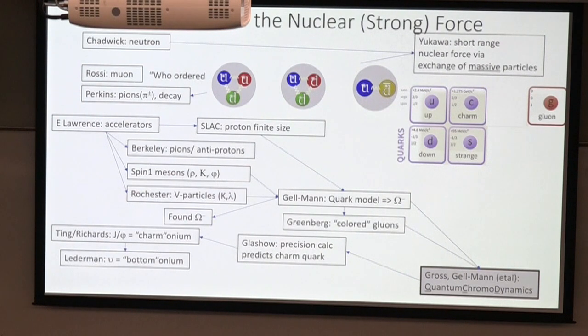And then, of course, they said, well, let's keep bashing stuff together. And eventually, another one came up. And this was Leon Lederman up at Fermilab. And he knew he was looking for another particle. He already had it named.